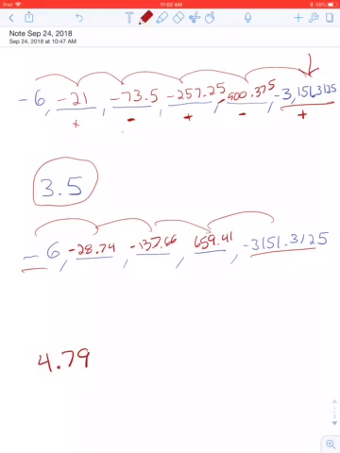So the question here is, what would happen if I tried to multiply these by negative 4.79? So that would give me positive 28.74, and then it would give me negative 137.66, and then it would jump back to positive, and then it would go back to negative of our original number.